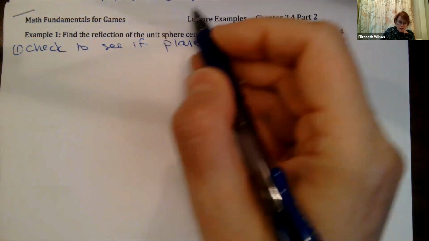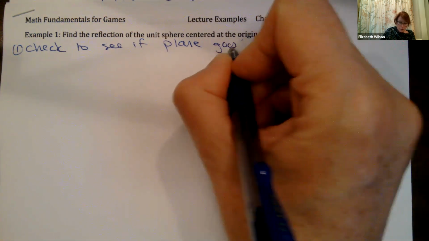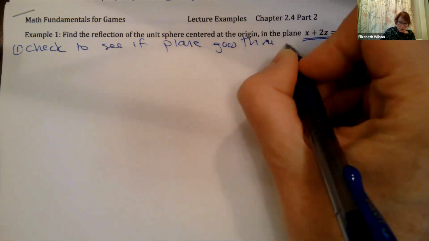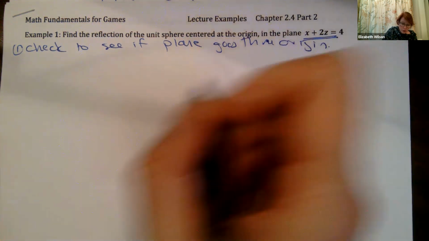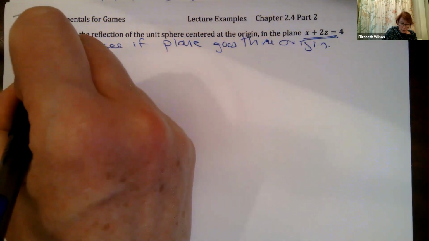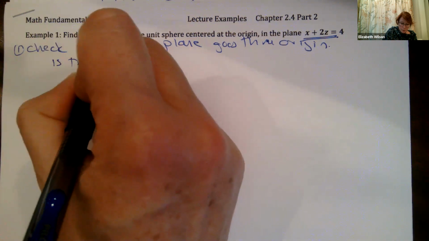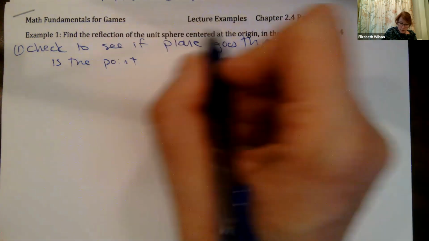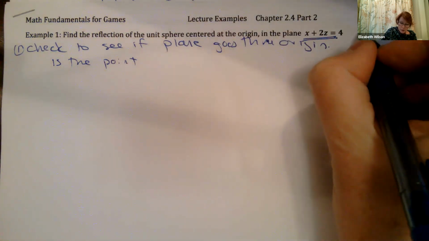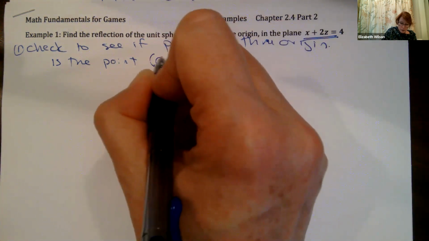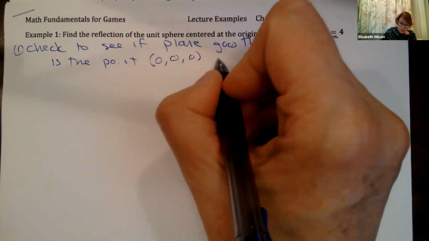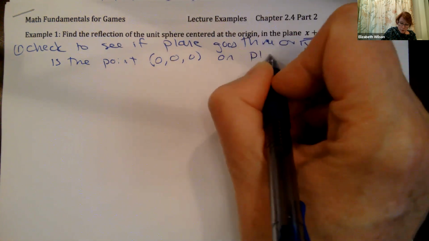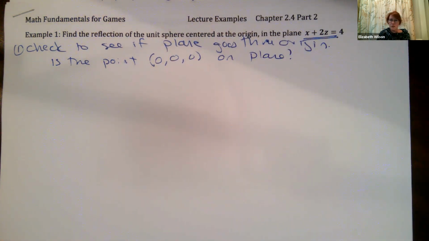This is a sphere, it's in 3D, so this is R3. The easiest way to see if the plane goes through the origin is to see if the point 0, 0, 0 is a point on the plane. So I'm going to plug it in.